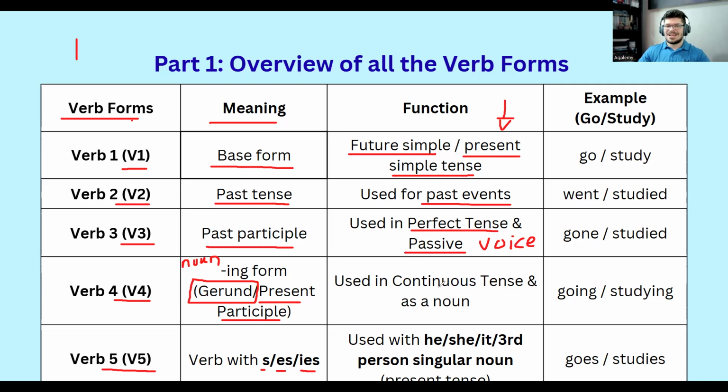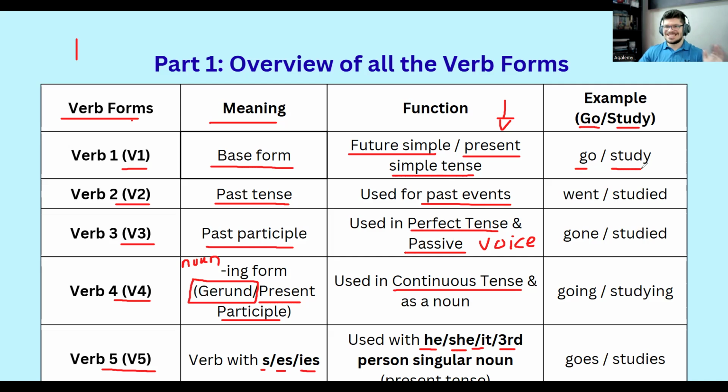Verb 4 tells us continuous tense, action is happening continuously. Verb 5, we have specific situation for verb 5. It can only be with he, she, it, or third person singular noun. I will show you.